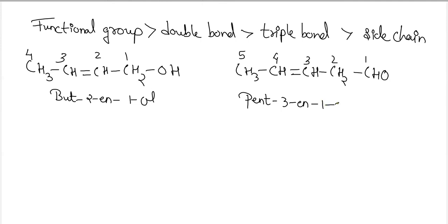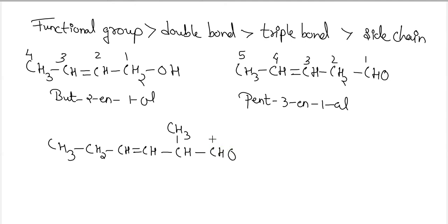Okay. Now if a double bond is there and a substituent group or side chain is also present and a functional group is also there, then the chain will be the longest continuous chain containing the double bond and the functional group also.